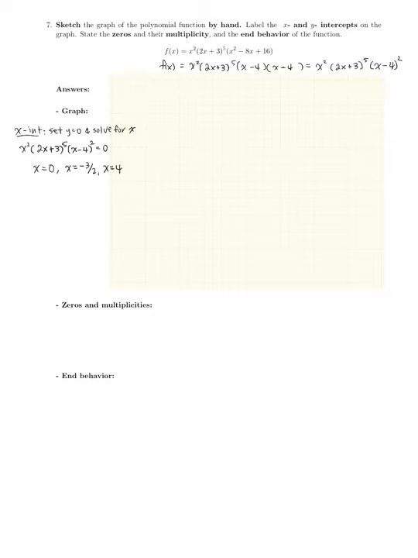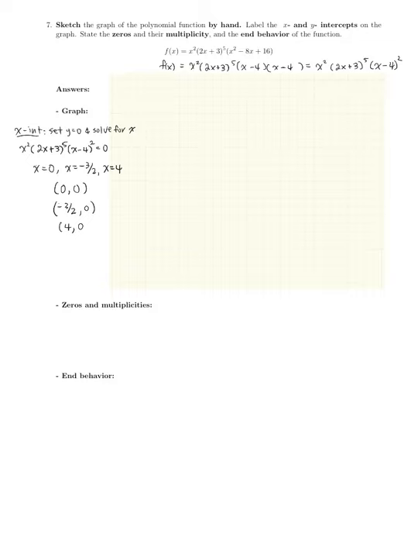So it looks like our x-intercept is going to be when x is 0, y is 0. When x is negative 3 over 2 or negative 1.5, y is 0 and 4 comma 0. Okay, that looks like our x-intercepts.